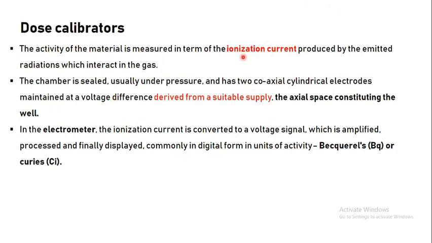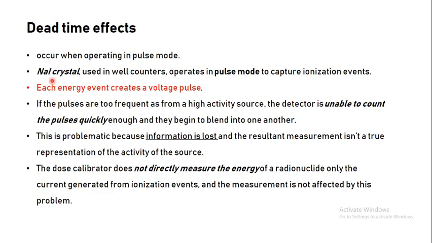In this process we studied that if pulses are too frequent, the detector is unable to count the pulses quickly enough and they begin to blend into one another. In what environment do we obtain such difficulties? When there is a heavy burden of radiation received by our detector. In this case, pulses overlap with one another.